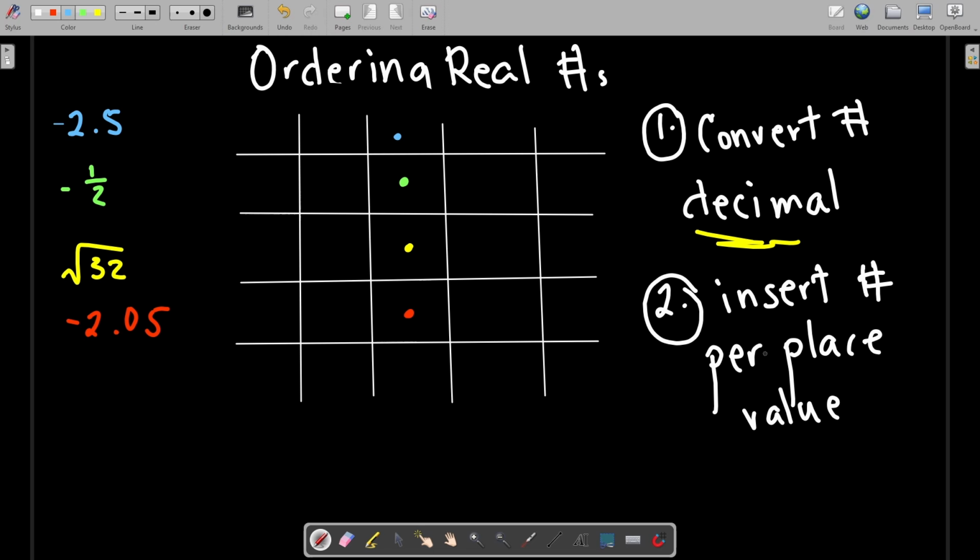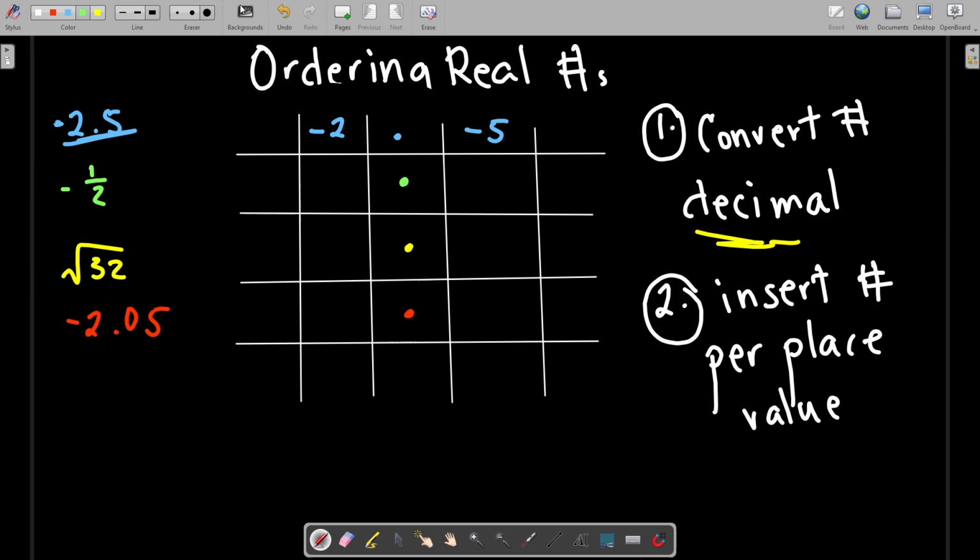Insert each number per place value. Negative 2.5. First is negative 2, negative 5. The whole value is negative, so that means that 5 in the tenths place is also negative. The whole value is negative, that means all numbers will be negative, except for 0.